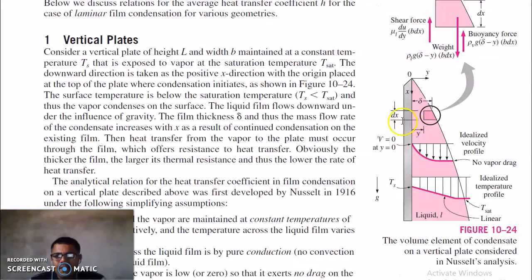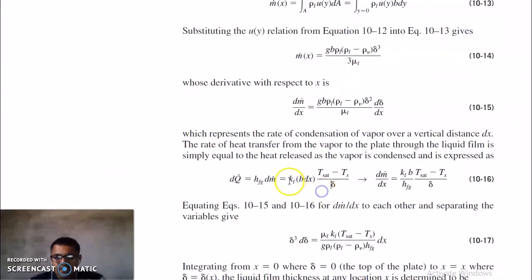So this area b and dx, the small cross section area of the plate, through conduction the heat is transferred by the condensed liquid, where the temperature difference is taken as T saturated minus the temperature of the plate Ts, which is k into area into delta T by thickness of the layer. From here, rearranging, you will get dm by dx, which is equal to this.